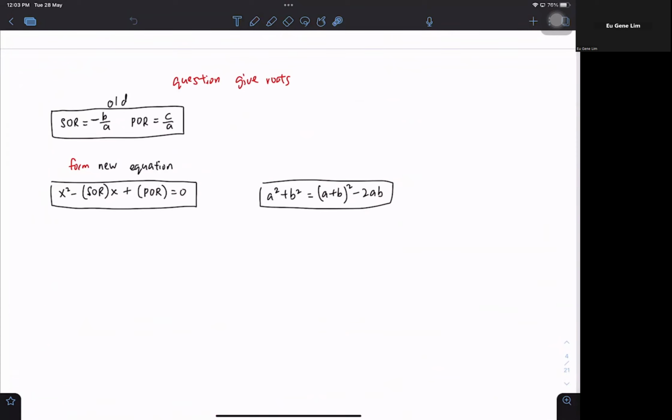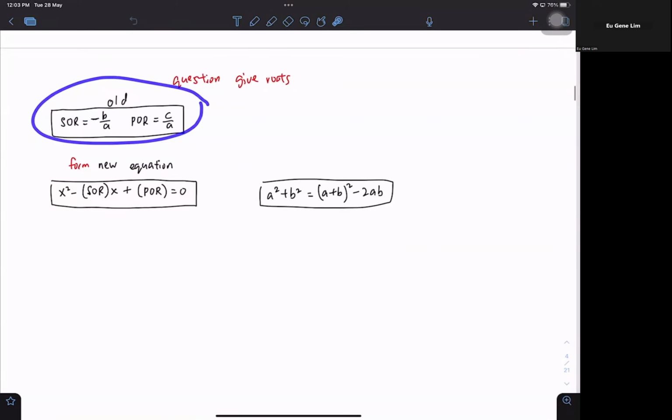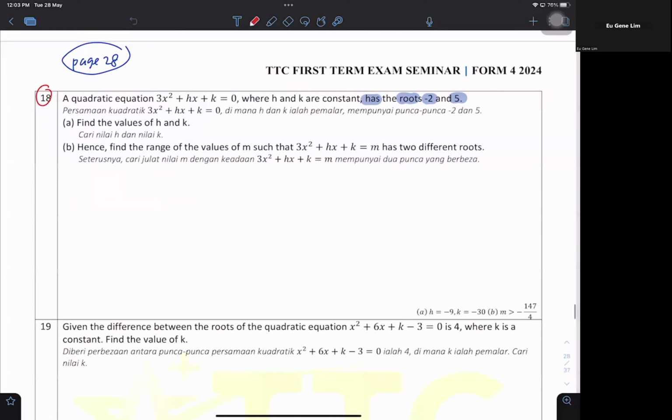Since you know it is, you should always start from the sum and product of roots: sum equals negative b over a, product equals c over a.